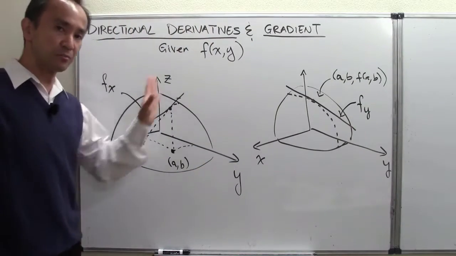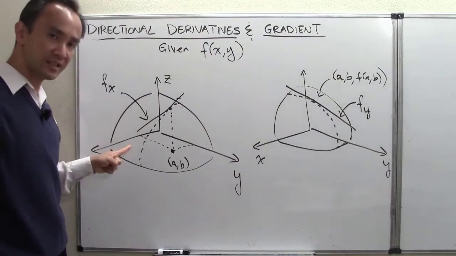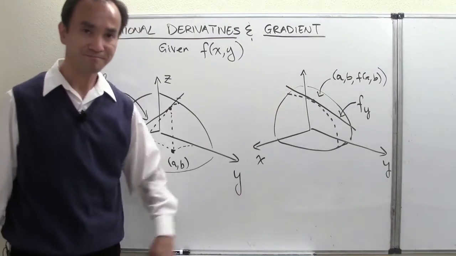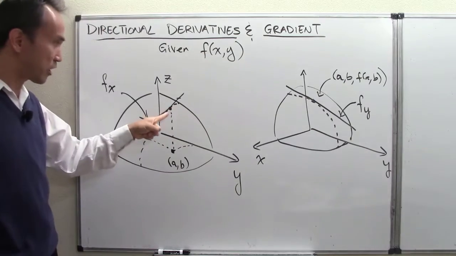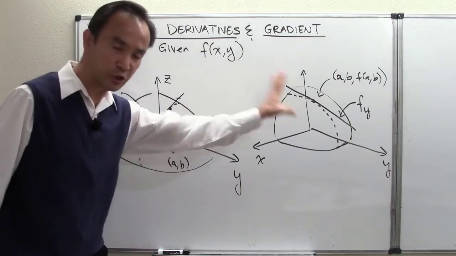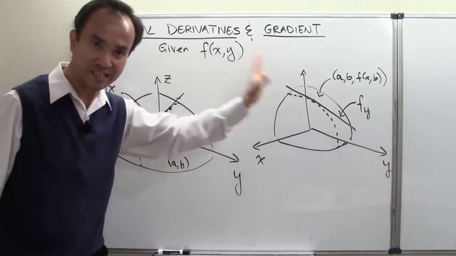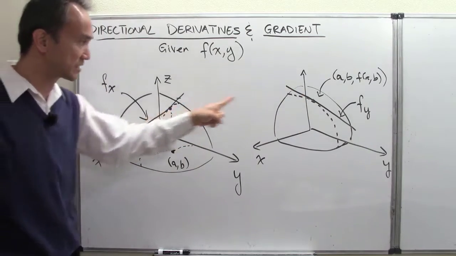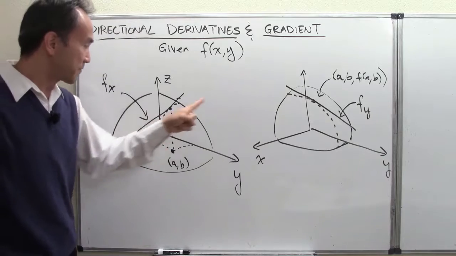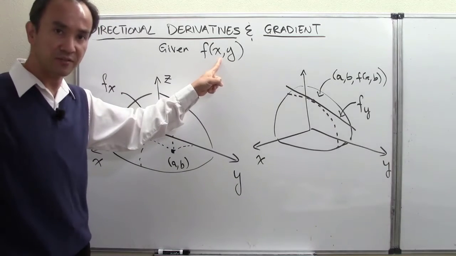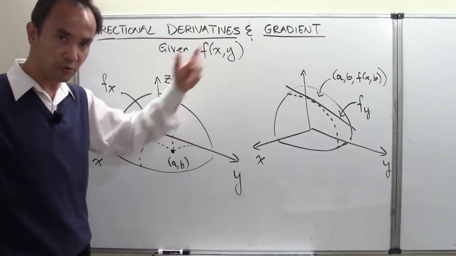So there you go. It's a brief review of f sub x and f sub y. I'm not good enough to make the exact duplicate of the two pictures, but I'm talking about the exact same point located on the surface of a given two-variable function.